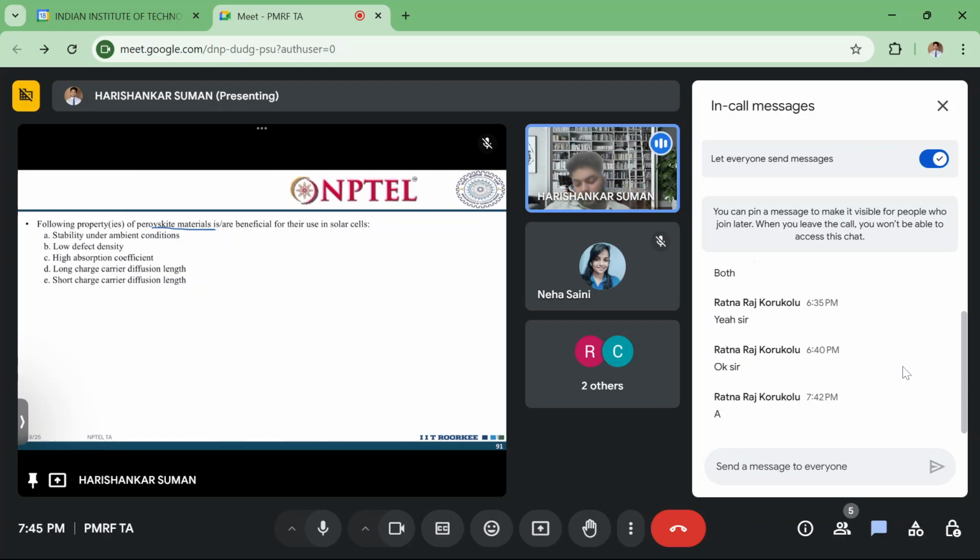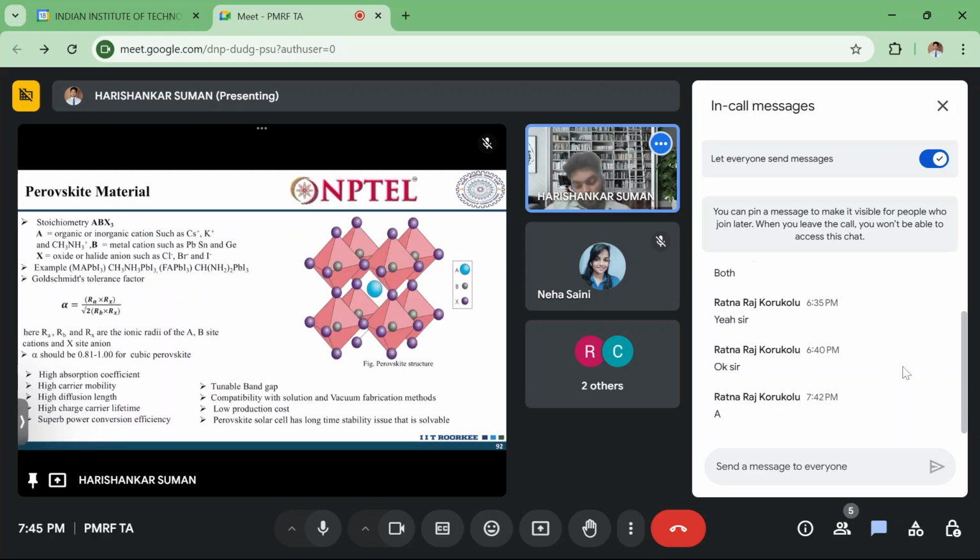So answer is high absorption coefficient, longer charge carrier diffusion. So perovskite has super high absorption coefficient, high charge carrier mobility, high diffusion length, carrier lifetime also high, tunable band gap, solution and vacuum fabrication, low cost. This gives a super power conversion efficiency, but the problem is lifetime is not stable.